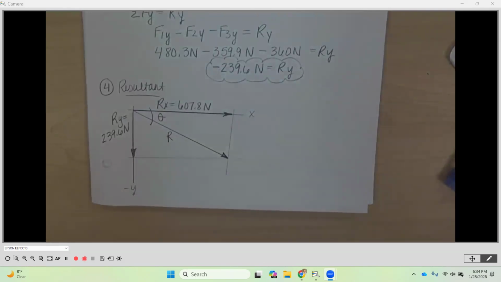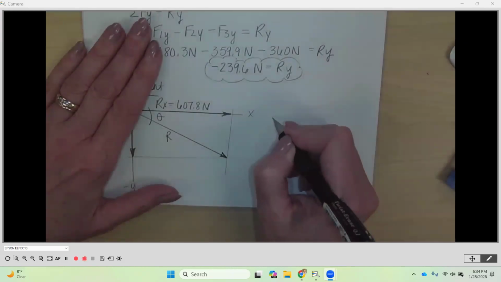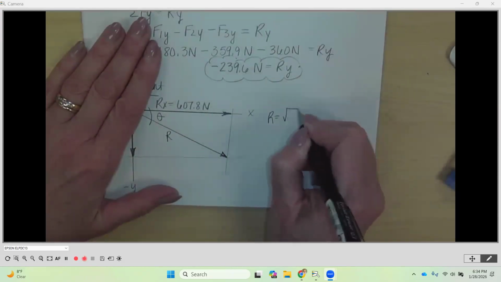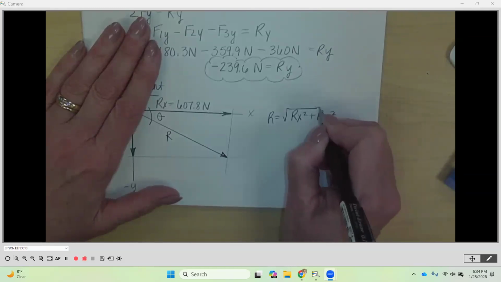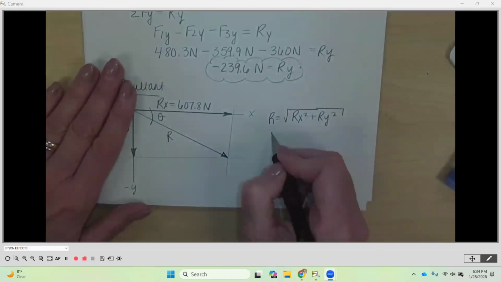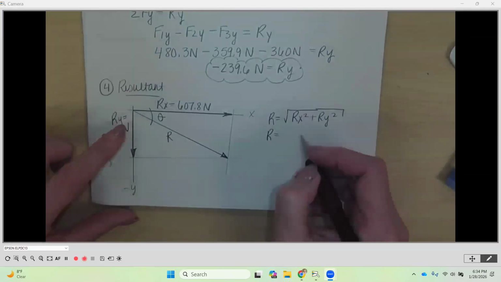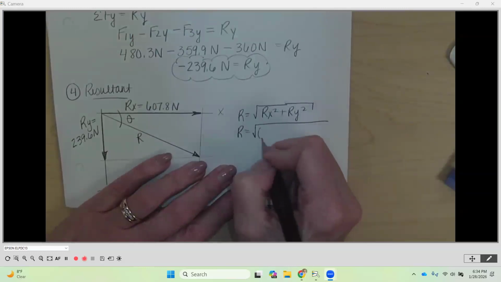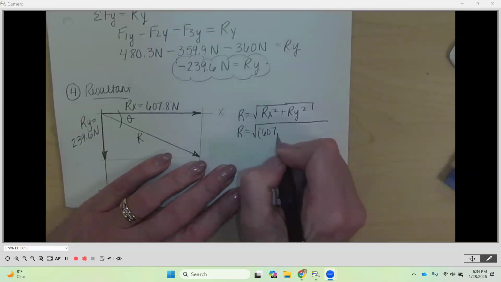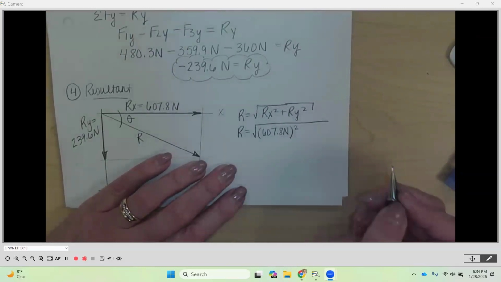Okay, so we need to calculate the magnitude of our resultant and that angle theta. So resultant is going to be equal to the square root of our x squared plus our y squared, right? Now we're going to put our values in. So it's going to be the square root of 607.8 newtons squared.